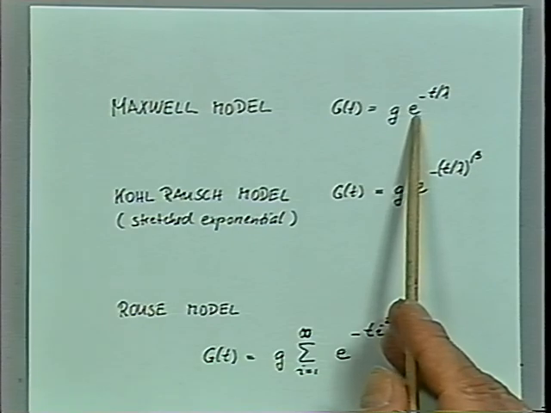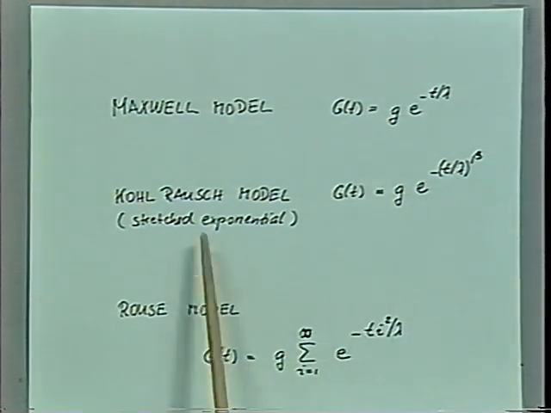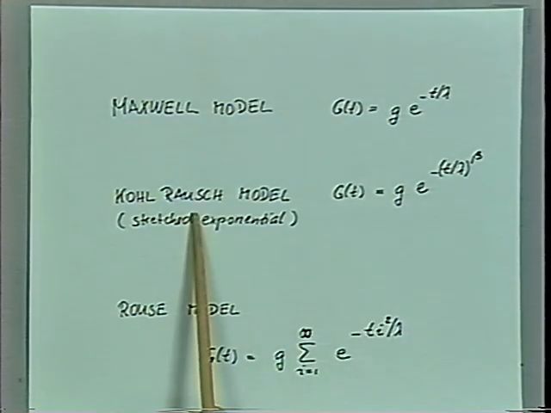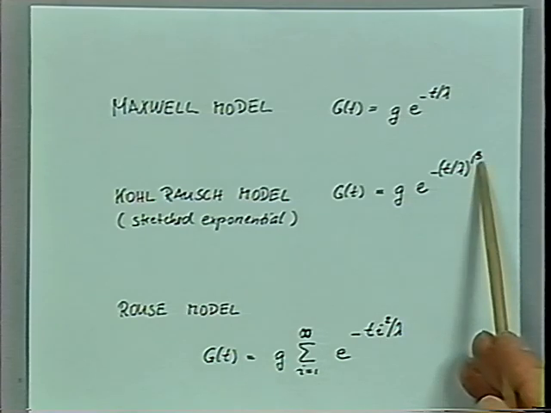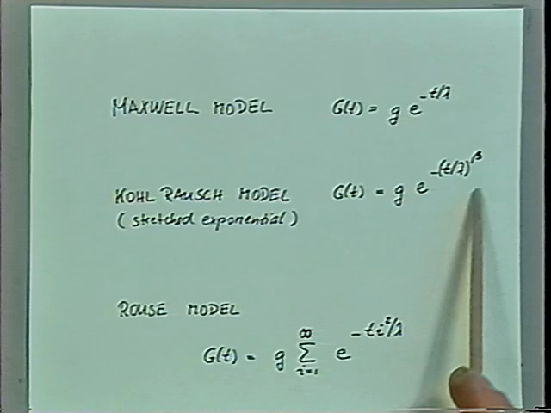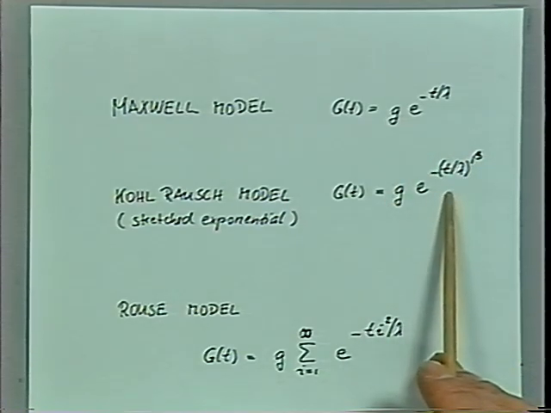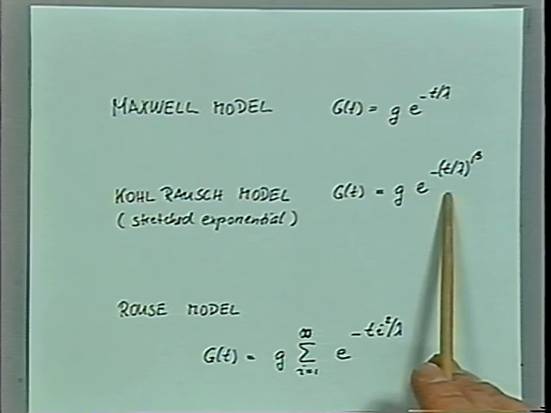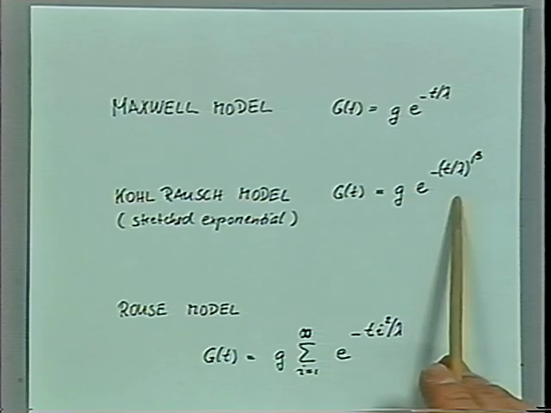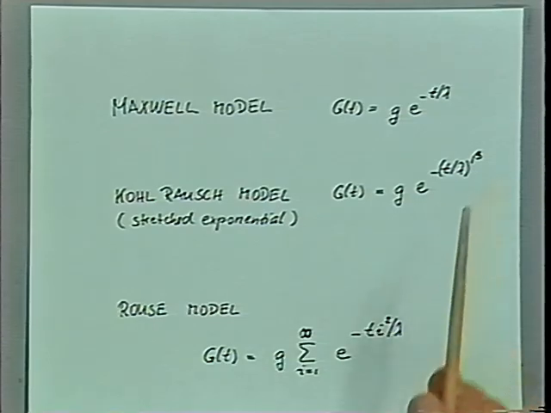We know we need a spectrum of relaxation times, but it's good to have just a single mode. The second model I'm going to use is the stretched exponential. It's also called the Kohlrausch model, or a Kohlrausch mode. It's very popular to describe relaxation phenomena of glassy materials. I'm not talking about glassy materials here, and you will see that for the entanglement region of polymer melts it's not suitable. It will not give very good results. But you will see this in a moment.